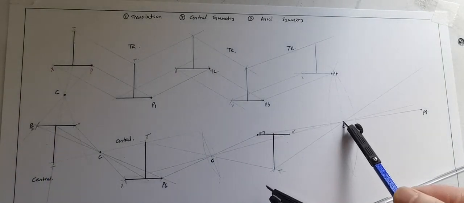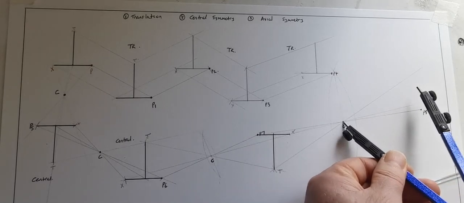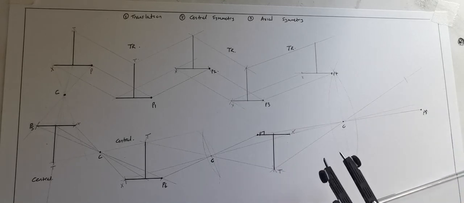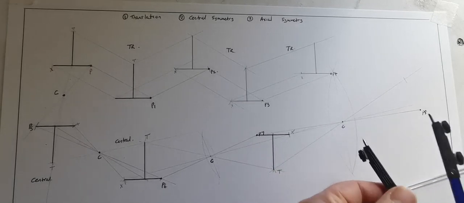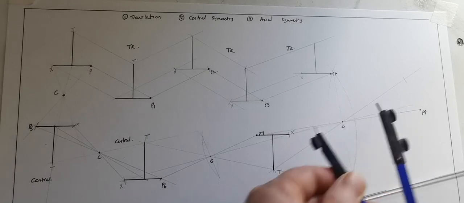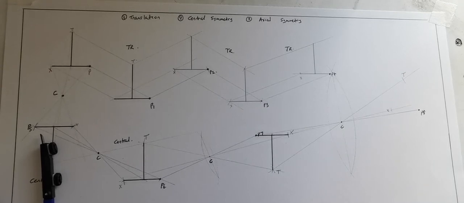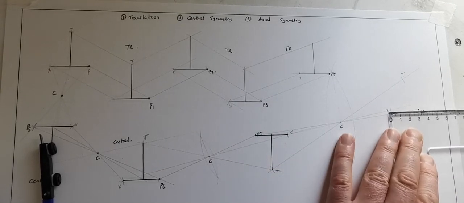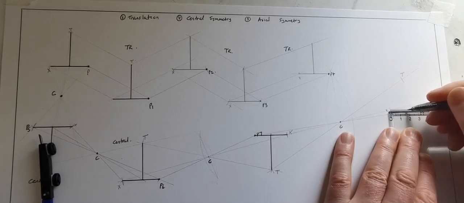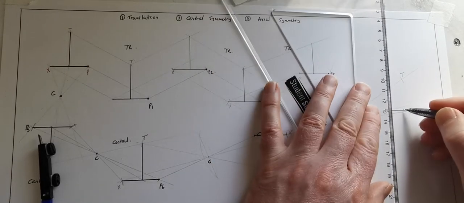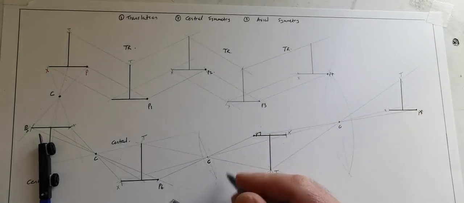We've got P, so I'm going to get T and X. So that's X, that is T. I can join PX, which is 30, mark the middle, and that is our T.